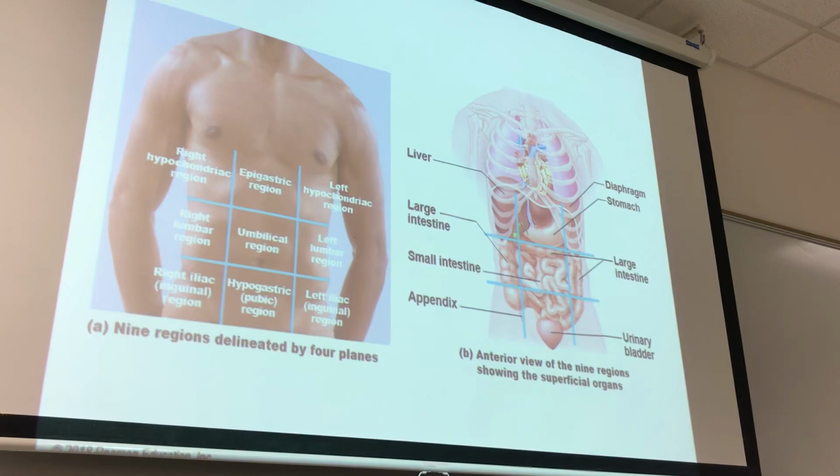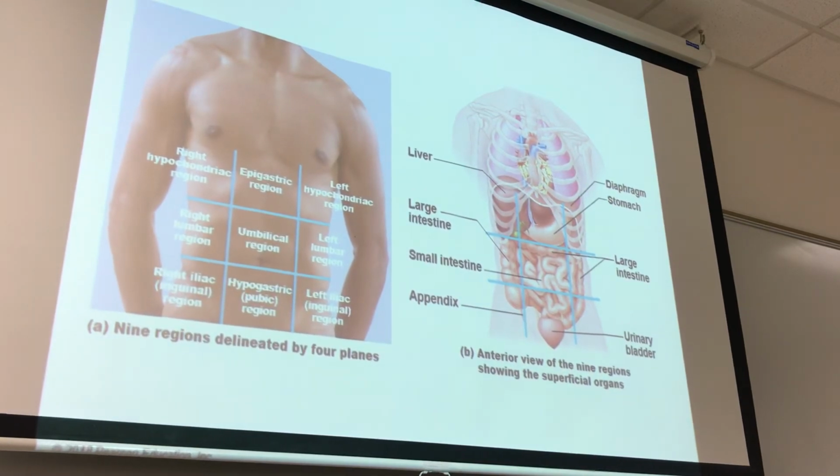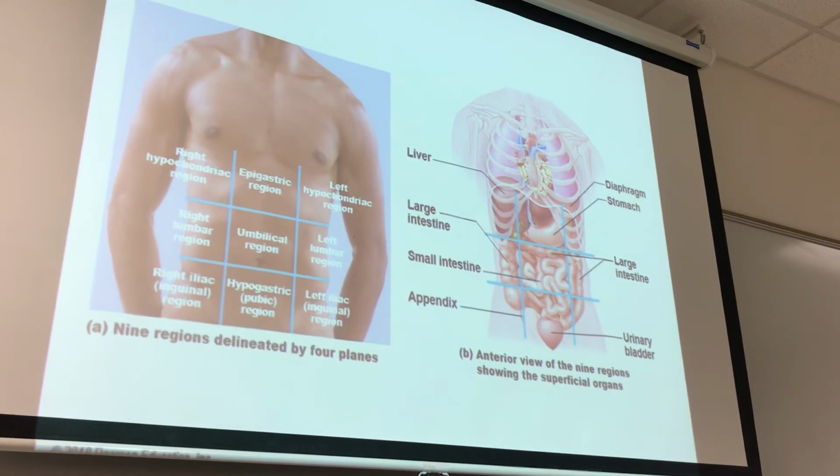To either side are the hypochondriac regions. And on either side here, I like to call them the inguinal, but iliac is equally fine, though I'm always going to call them the inguinal. This, of course, is the left side, and this is the right. So we've effectively subdivided our abdominal cavity into 9 sections.